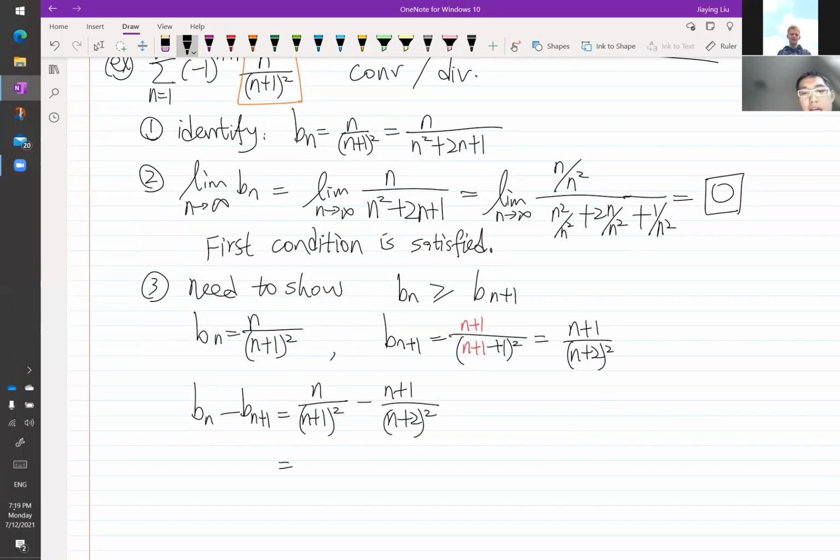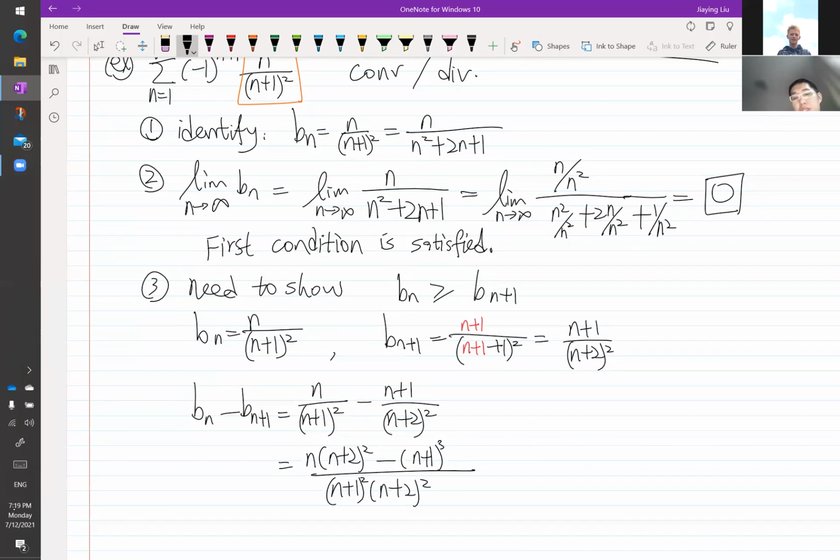So now I'm going to combine them with a common denominator: (n plus 1) squared times (n plus 2) squared. And in the numerator, the first one becomes n times (n plus 2) squared, minus the second numerator, which is (n plus 1) times (n plus 1) squared. So it's (n plus 1) cubed.